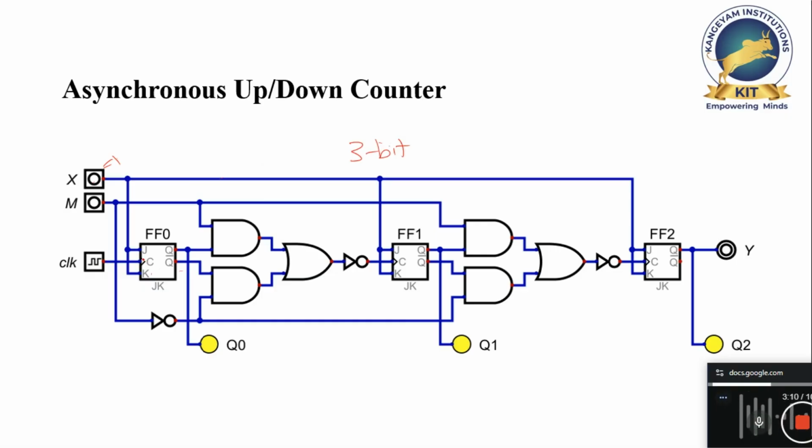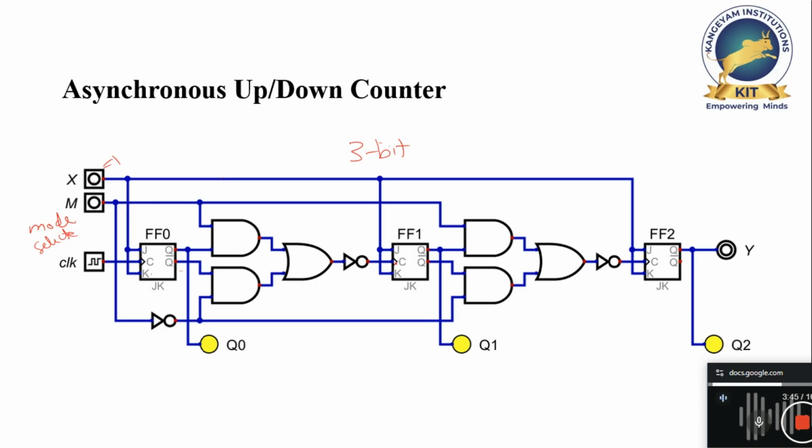In the case of the up-down counter, we will have an extra input which is M. I told you this is our mode selector. One more thing we have included is two AND gates, and the output of the two AND gates has been given to an OR gate, and that OR gate output is given as a negative edge triggered clock for the next flip flop.